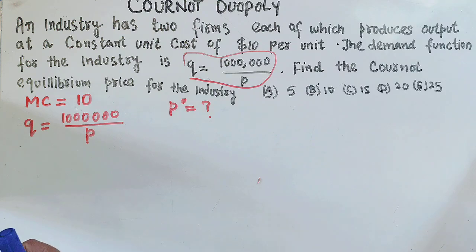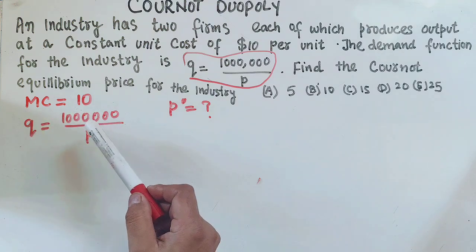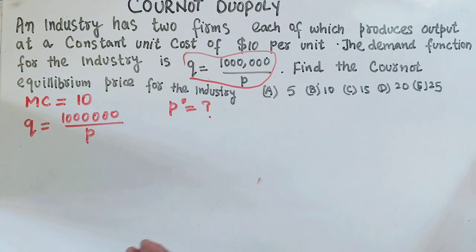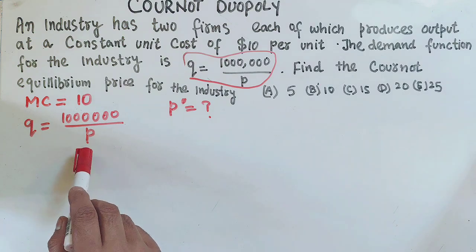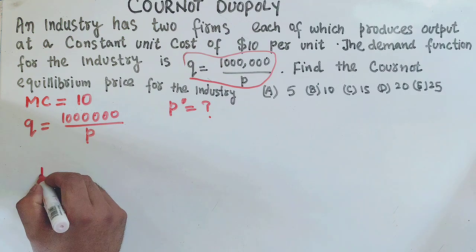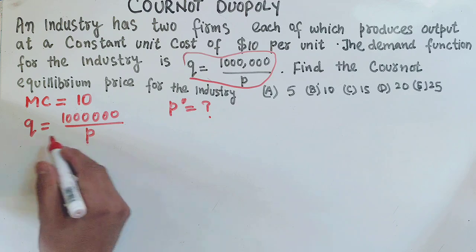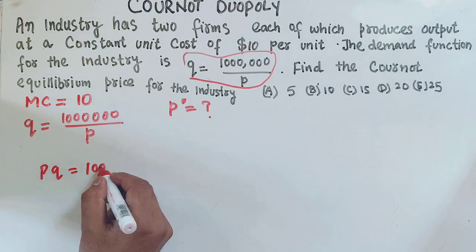If we visualize the given demand function, it is what we call the rectangular hyperbolic demand function, or a constant elasticity demand function. Because if I write P into Q, transposing it here, it will be 1 million.